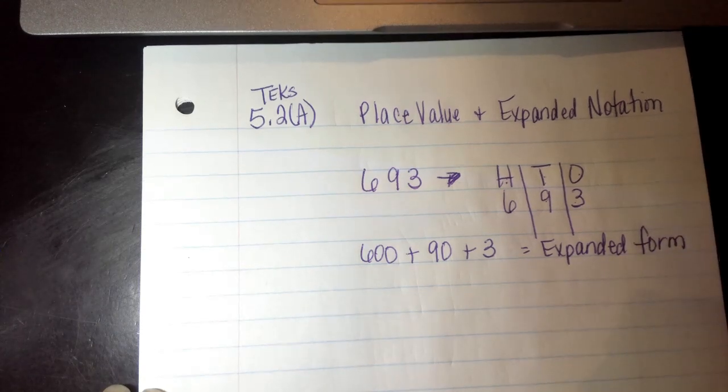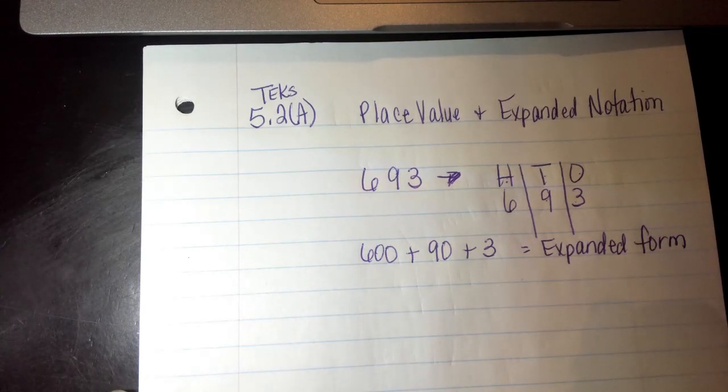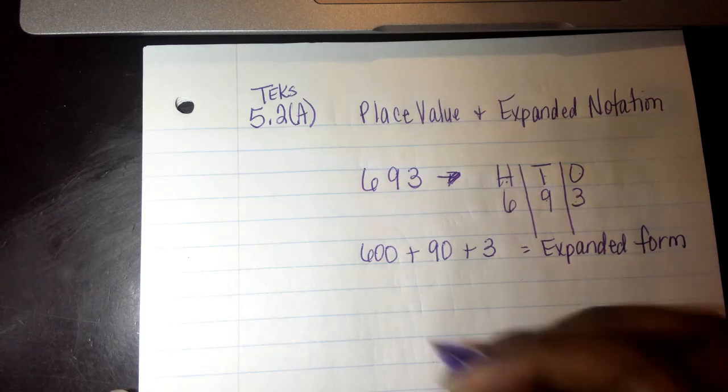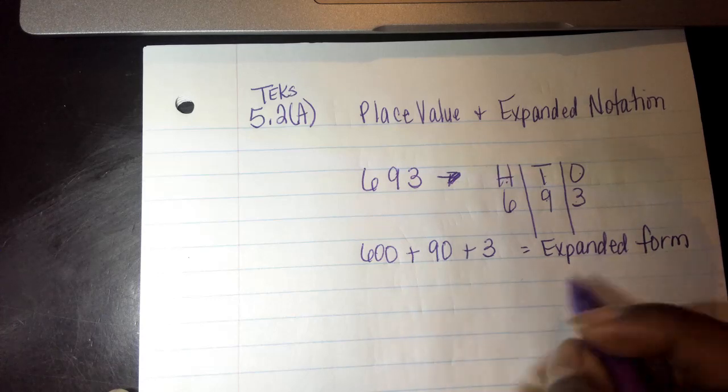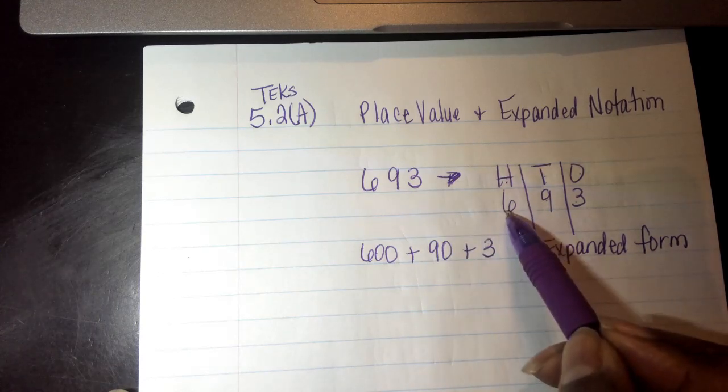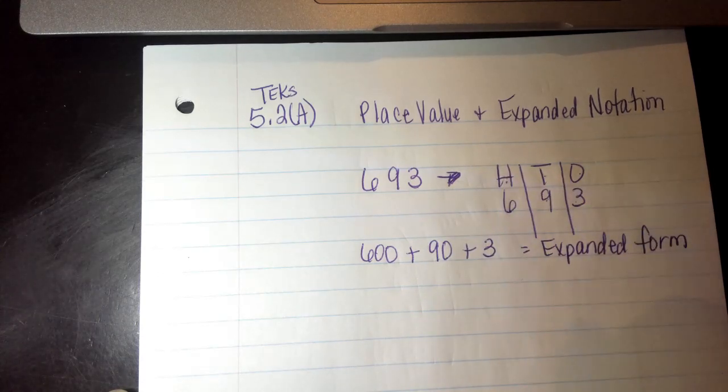Okay, let's take it a little bit farther into expanded notation. Expanded notation is taking the number and multiplying it by the place value.